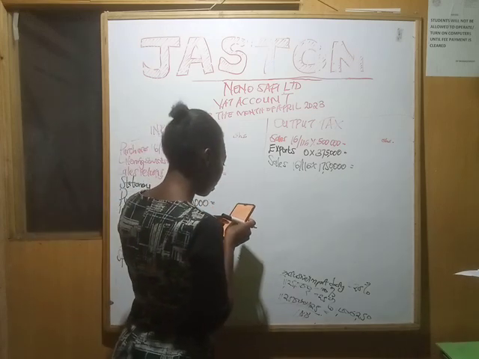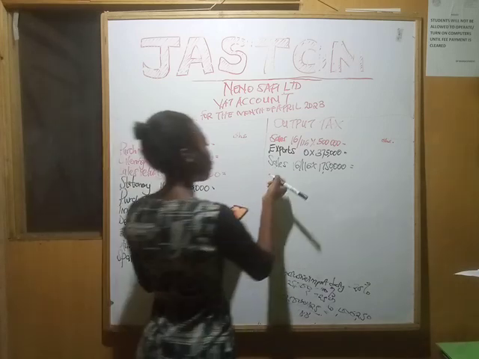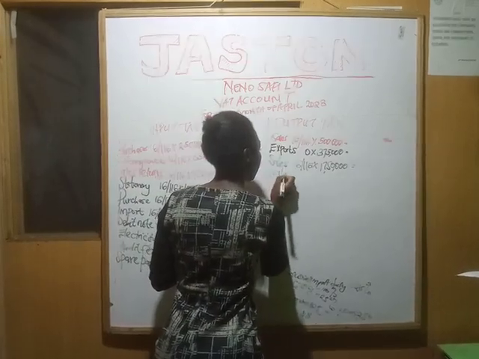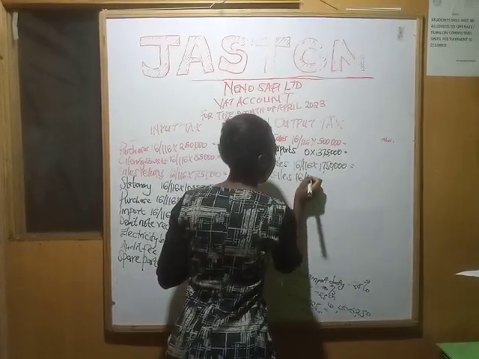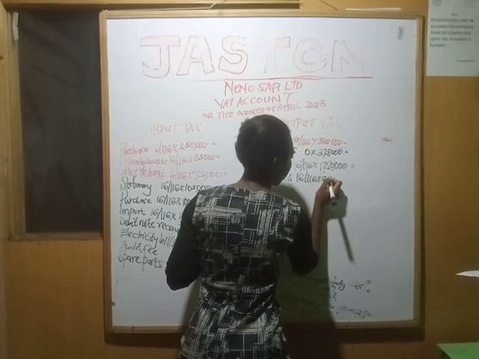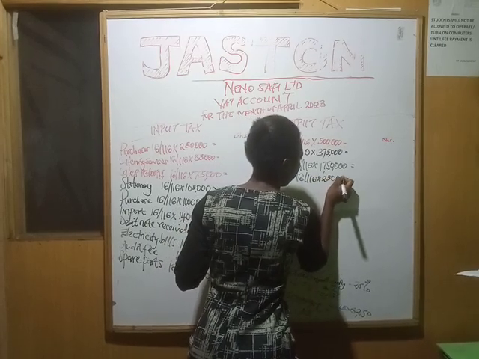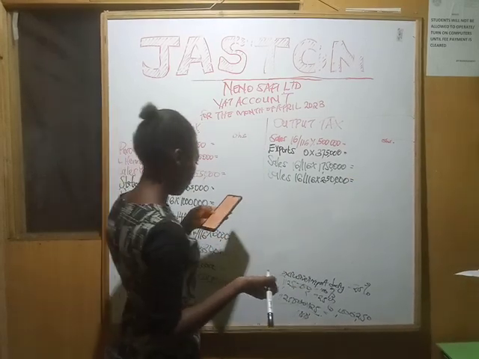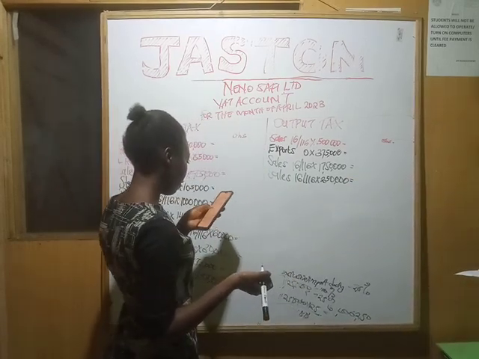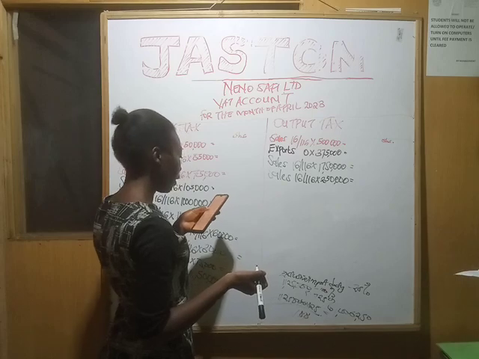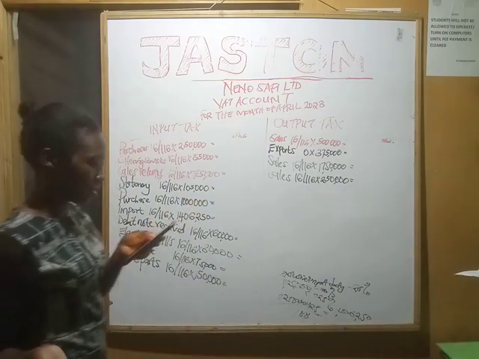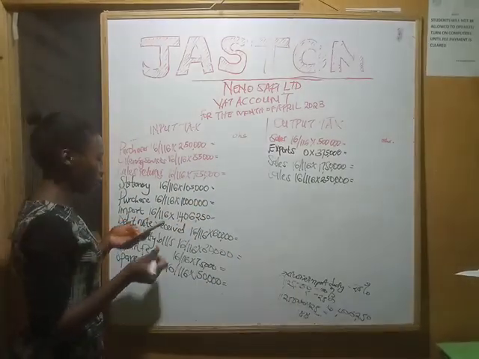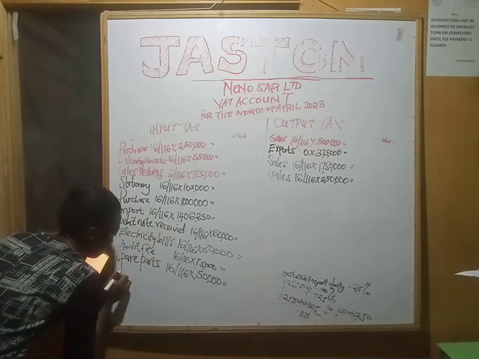We made sales of 250,000. 16 over 116 times 250,000. We get our answer just there. We also purchased shares worth 920,000.